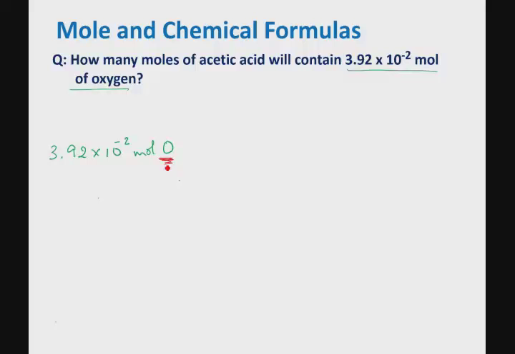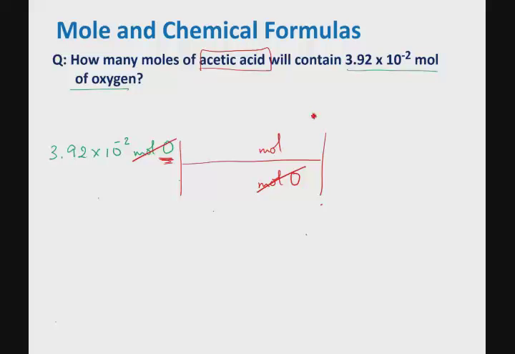Okay, now before you actually write down the conversion factor, which will allow you to convert moles of oxygen in acetic acid to moles of acetic acid, you need to know the chemical formula of acetic acid. So, as I've said before, if you're having trouble doing that, you have work to do. And now you need to go back and review those exercises so that you can figure it out.